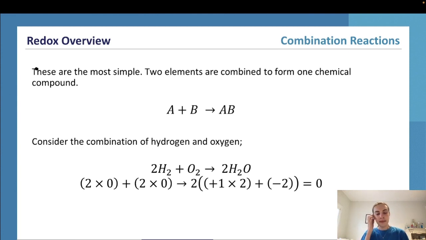So if we're to consider how we look at this in a redox context, we could say that we know that each hydrogen atom is going to have a charge of 0 because it's H2, it's solely made up of hydrogen, and so hence, because it's only made up of hydrogen, each hydrogen atom is going to have a charge of 0.